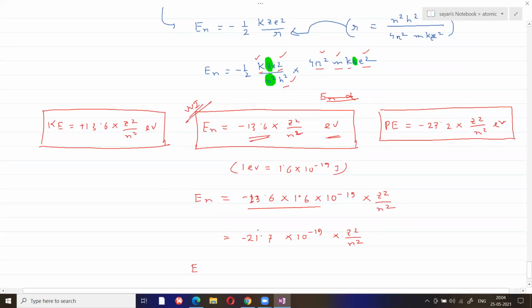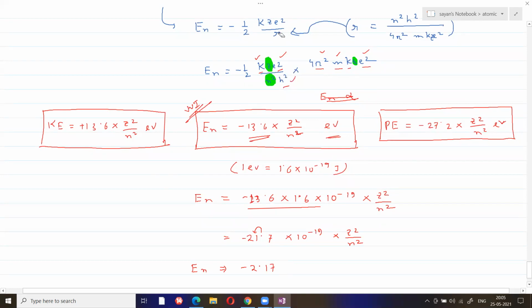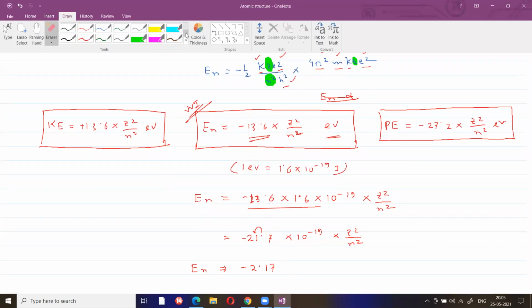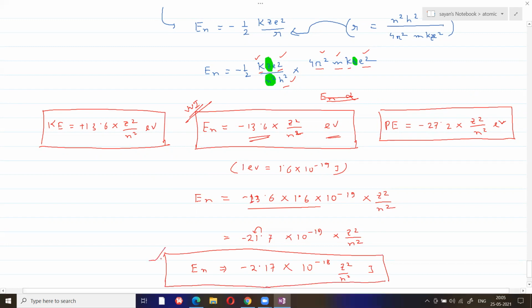We can easily write it as 2.17 into 10 to the power minus 18 z square by n square. This is for joule. This is another important formula.